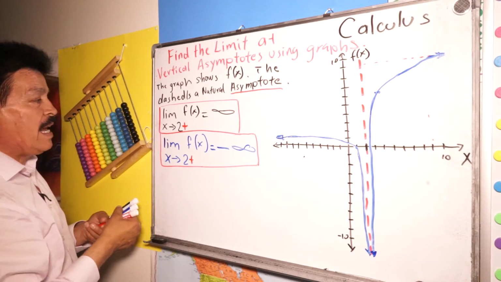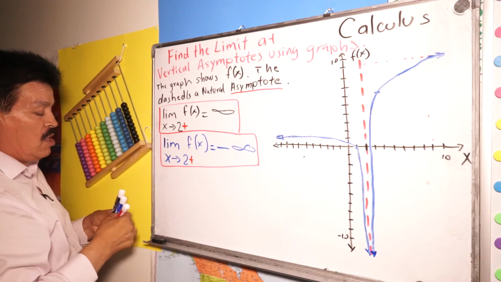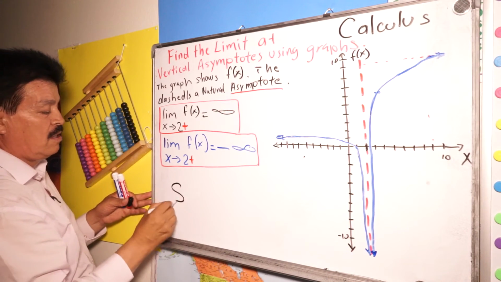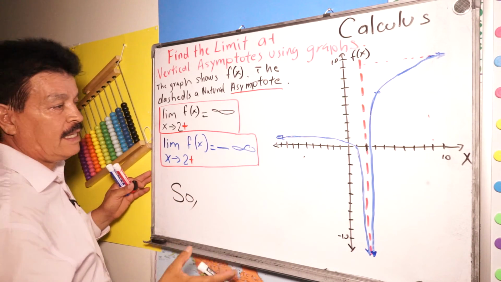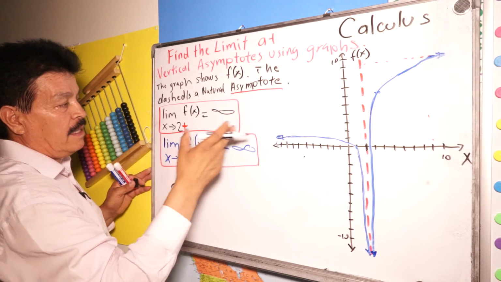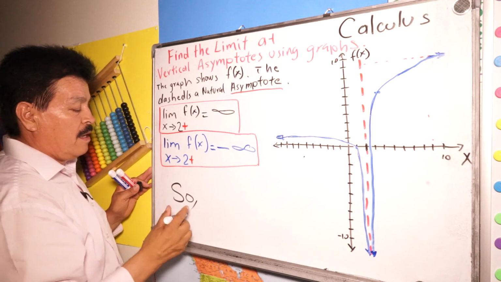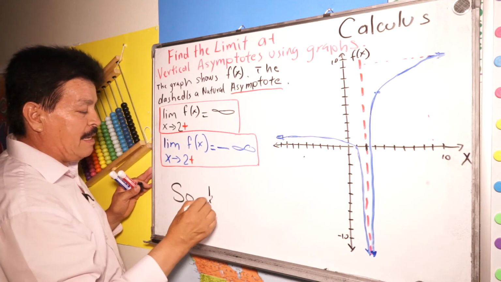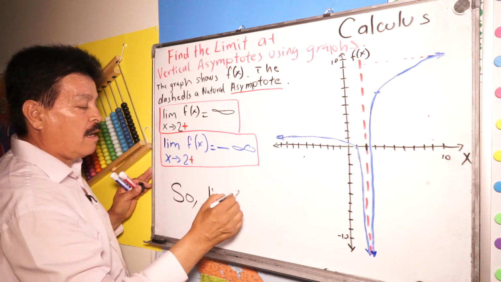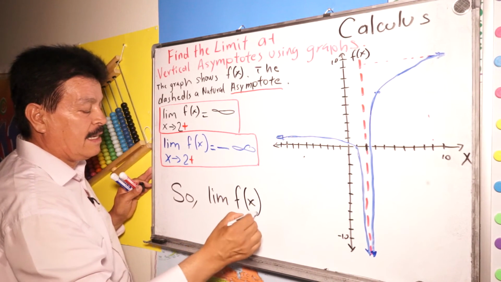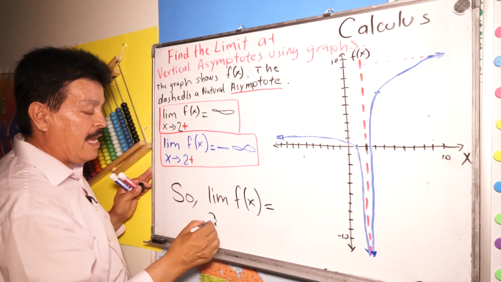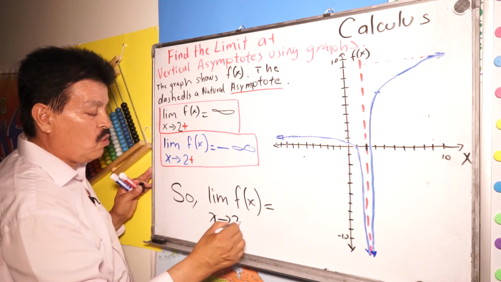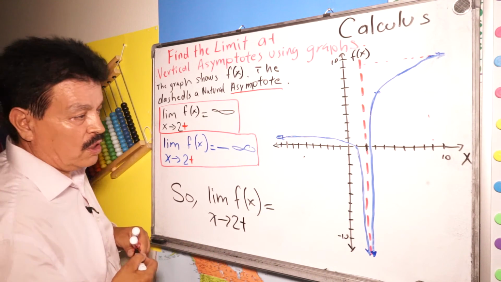So what is the answer here? After this information, we have the limit of f of x as x approaches 2 from the right.